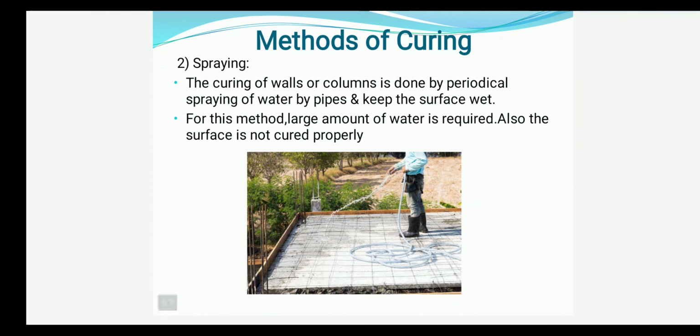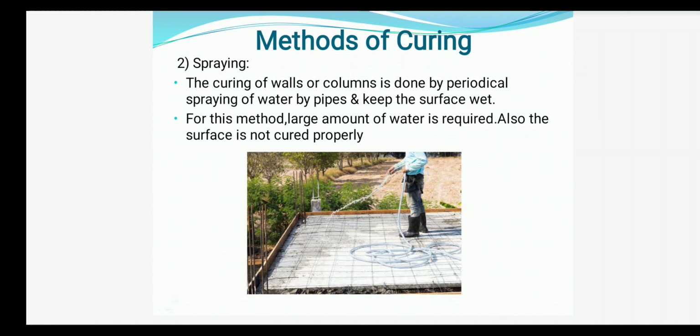The second method of curing is spraying. The curing of walls or columns is done by periodical spraying of water by pipes, thus keeping the surface wet.